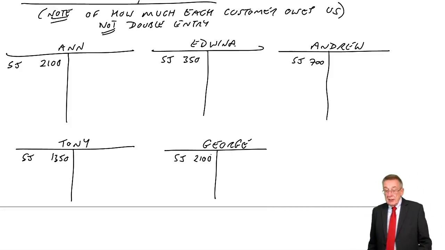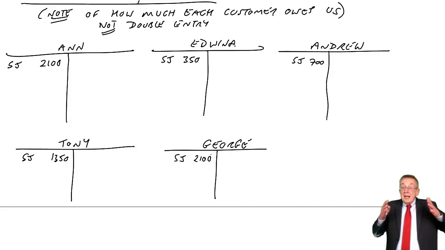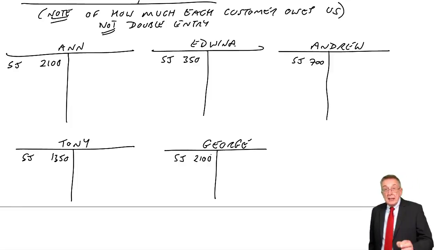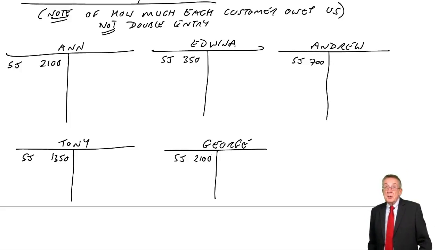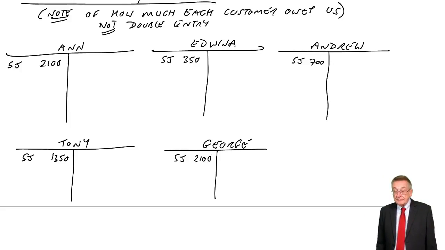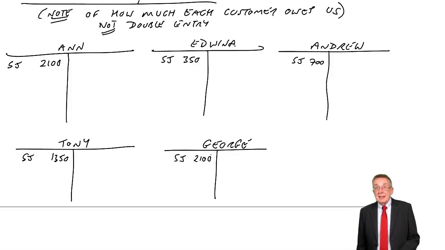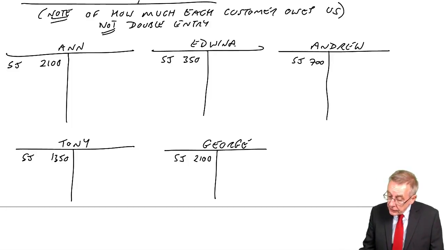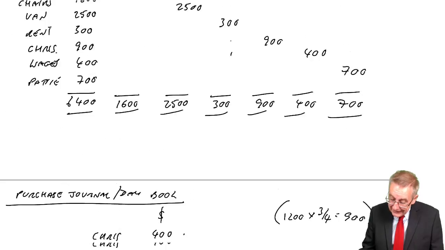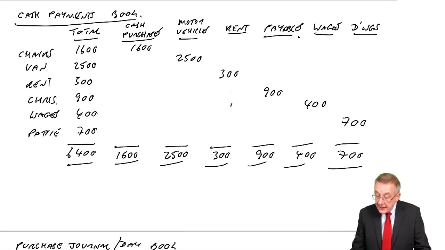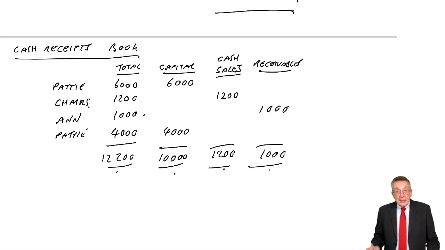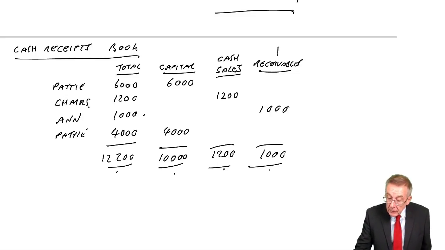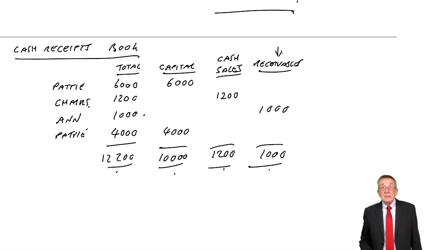So those notes, those entries have been made as soon as we made the sale. When you sell to Anne, it's listed in the sales journal. Immediately, you put 2,100 on Anne's page. And similarly, every time we receive cash from a customer, it was listed in the cash receipts book, and cash from credit customers was analysed to the receivables column.